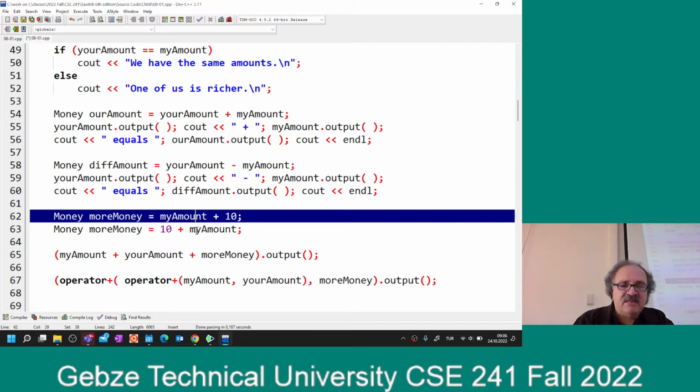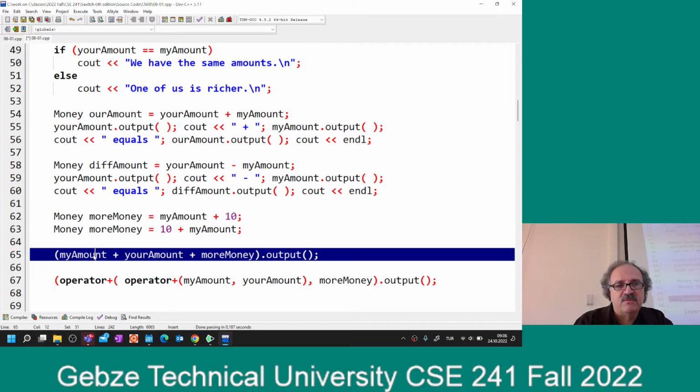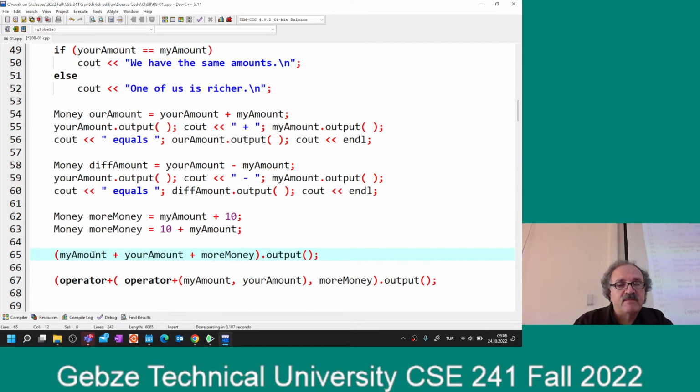And I am adding it the other way, and it works. And this will work too, right? Line 65 works too, because this plus this plus this will return a money object, and the money object has an output function. The compiler knows it.